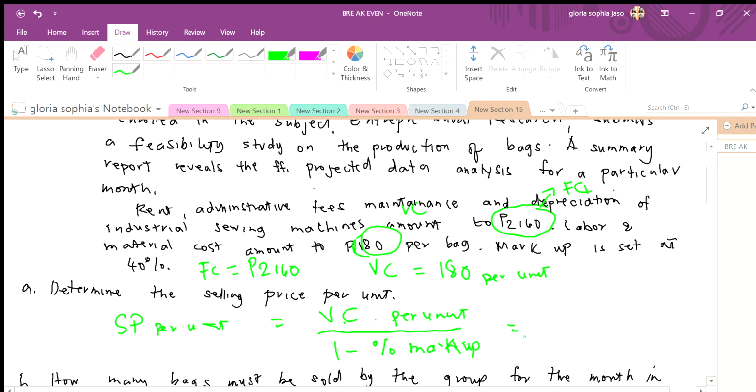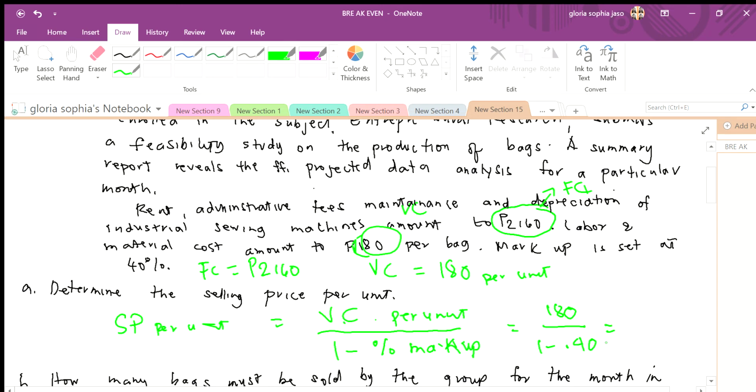Okay? So let's solve. What is the variable cost per unit? That's 180, so substitute. Then 1 minus percentage of markup, which is 0.4 or 40%.